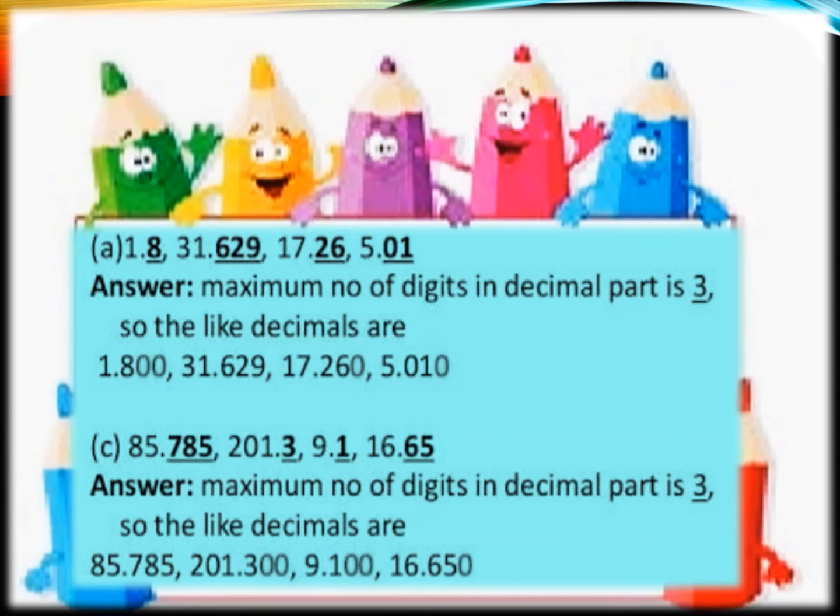There is 1 decimal place, so we shall add 2 zeros to make it 3 decimal places. The number will be 201.300. Next is 9.1. Again we shall make it 3, so we write 9.100. Next is 16.65. Yes, for this we need to add one more 0. So the number will be 16.650. Fine.